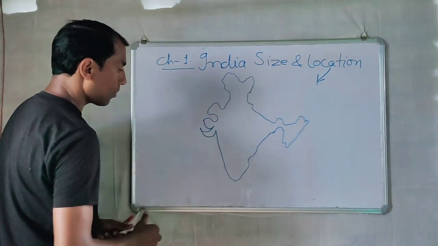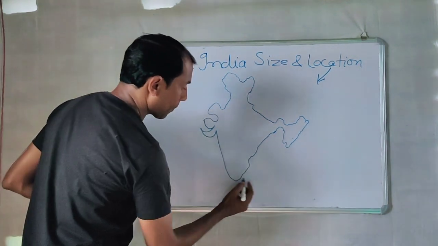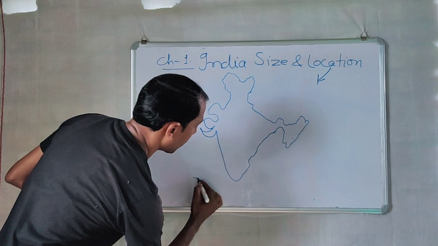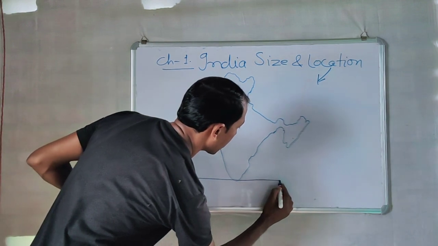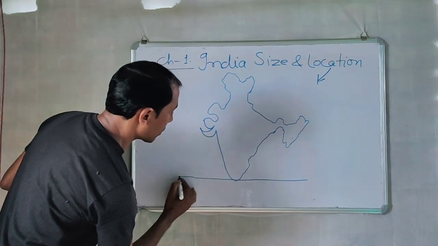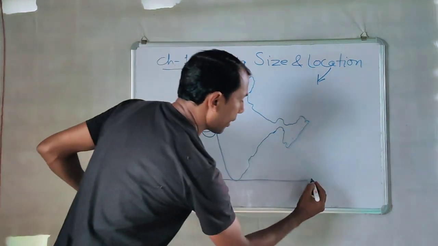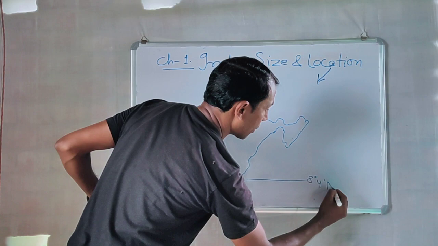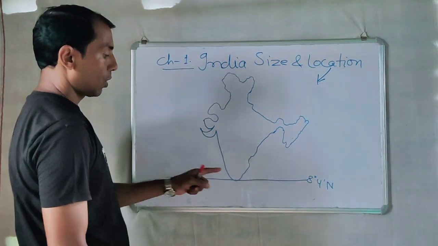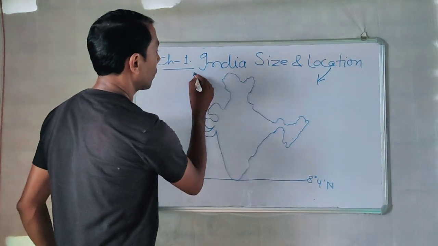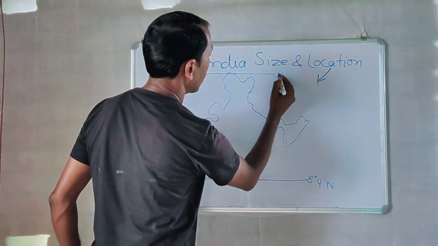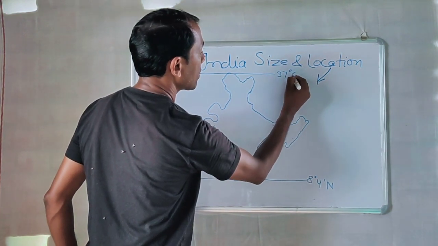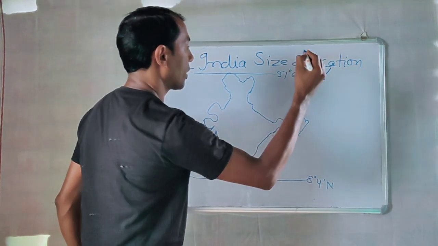location. India is lying in the southern side, from 8° 4' north latitude to 37° 6' north latitude.